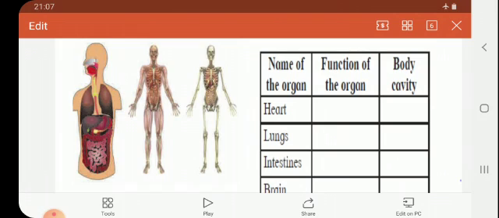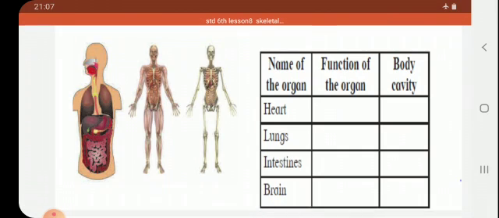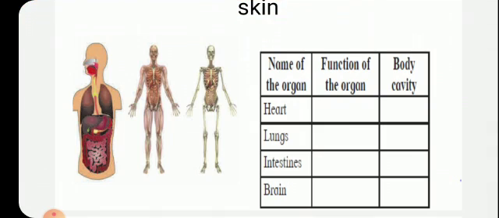Okay, so in this picture given, 8.1, you are finding three pictures. The first one is showing you the digestive system. You are finding the intestine, liver, stomach. After that there is the skin, skeletal system you can say.